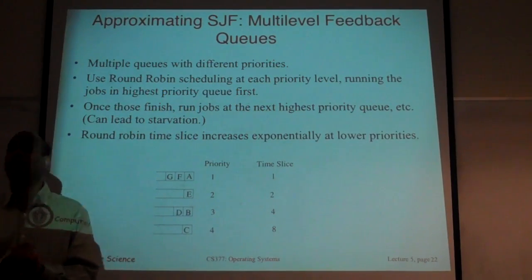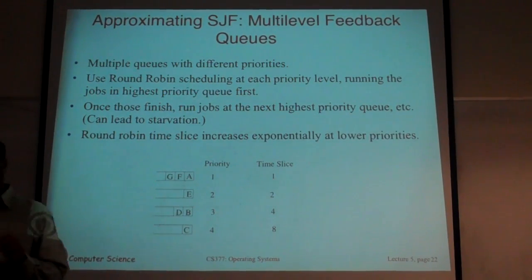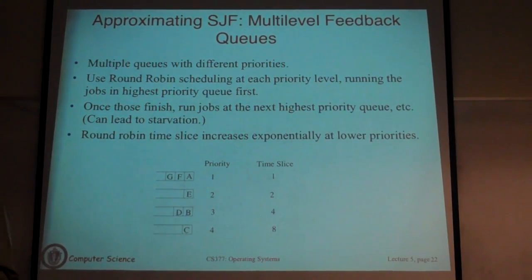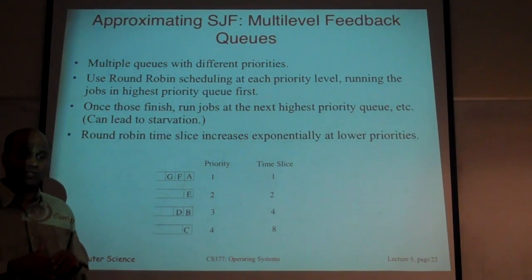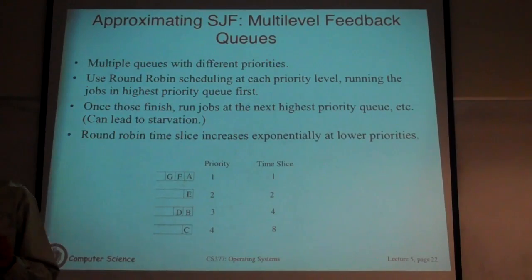So we are going to see how to derive a more practical variant that will try to approximate what SJF does, but eliminate its disadvantages. We want to retain its advantages and eliminate the disadvantages. This scheduling algorithm is referred to as a multi-level feedback queue, MLFQ.